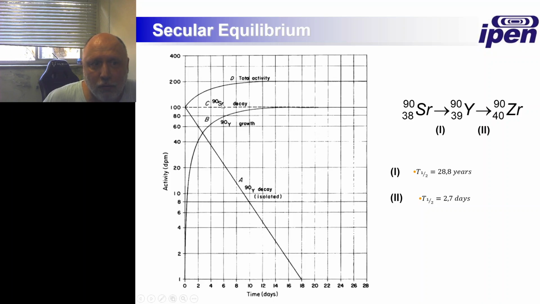The activity of the son, the daughter, will be equal to that of the father. Essentially, you're measuring some radiation coming from yttrium, and you say, oh, its half-life is 30 years. It's not. It's only that because it's been fed by the father. If you could magically separate it at this point, it would go down quickly with a 2.7 day half-life.